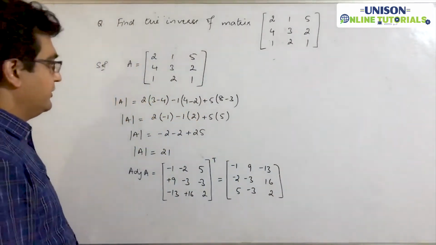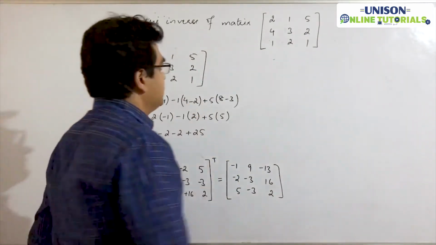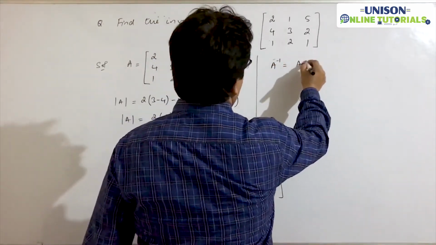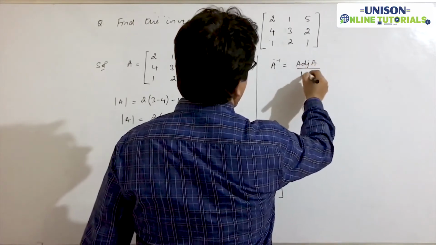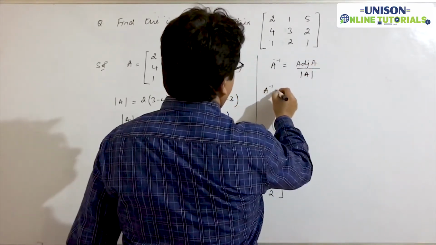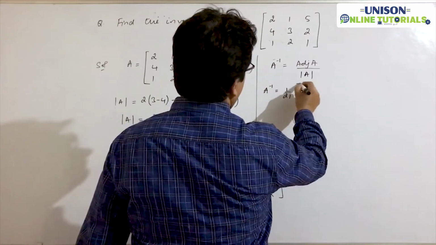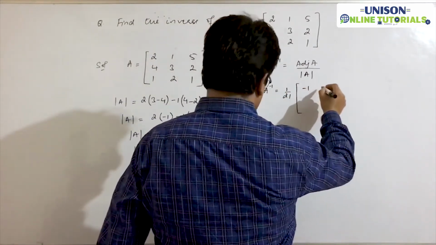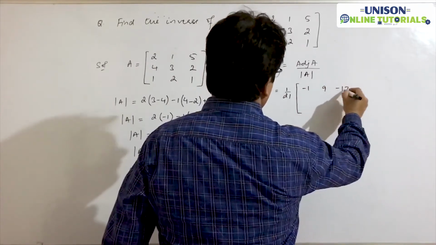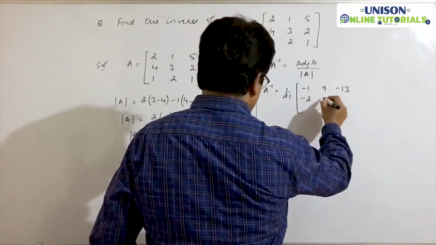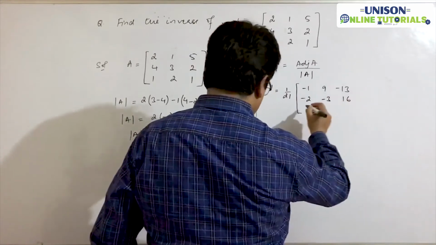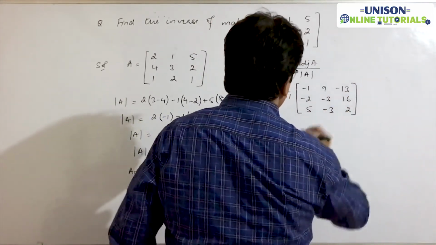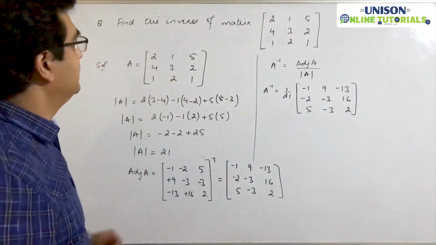So this is adjoint A. Now A inverse is adjoint A upon determinant of A, and the determinant of A is 21, so it is 1 by 21 times the matrix minus 1, 9, minus 13, minus 2, minus 3, 16, 5, minus 3, 2. So this is the inverse of the matrix.